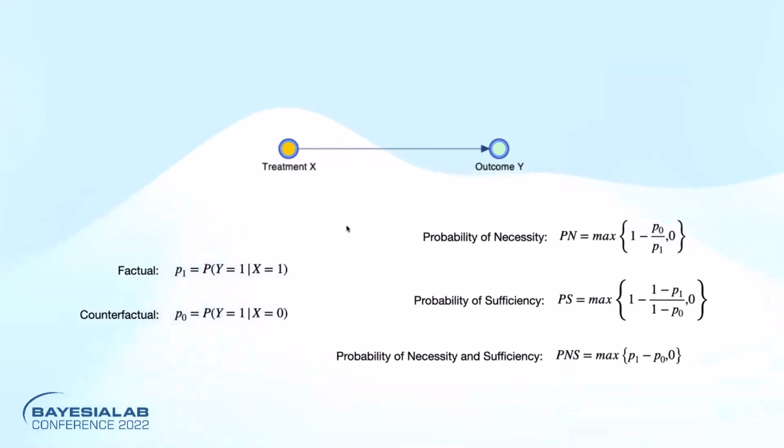And so we have our calculation of the factual, the probability that we do get the outcome given that the treatment was imposed, as opposed to the counterfactual, which is the probability that the outcome occurs given that the treatment was not imposed. And then very simple calculations to come up with your various probabilities.